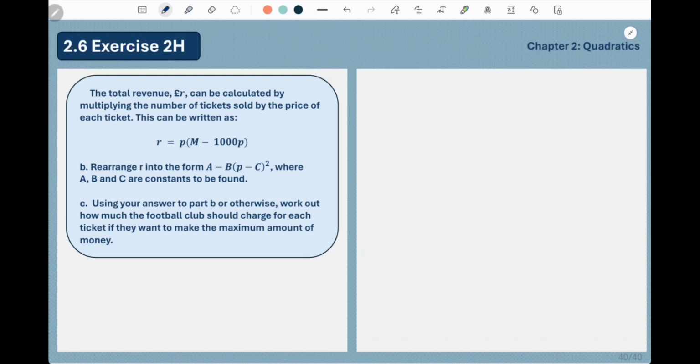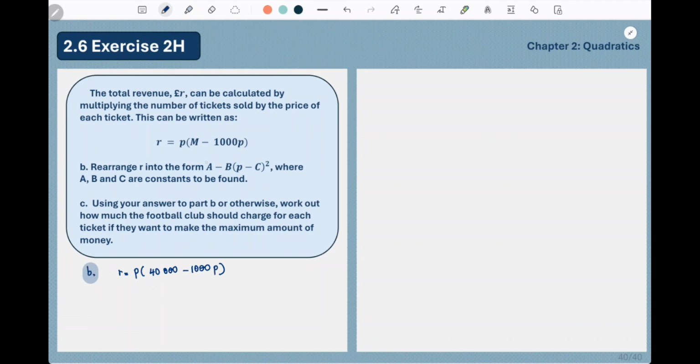The question says rearrange R into the form A minus B(p minus C) squared, where A, B, and C are constants to be found. M we already found, so our current equation is R equals p times (40,000 minus 1,000p). This is the equation we are dealing with right now.